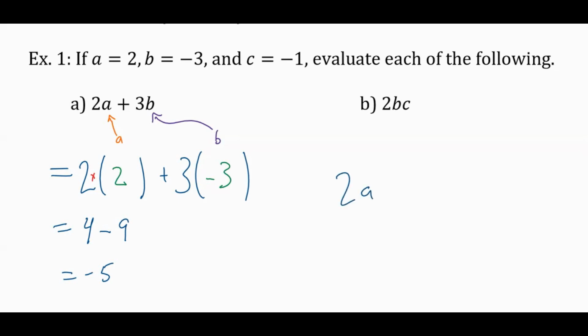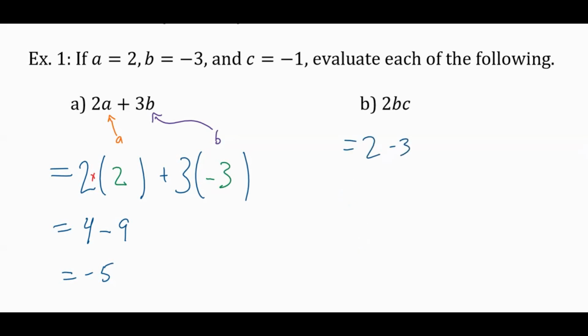Now, they may have done that on purpose and just totally misunderstood, or they may have, at the time, remembered that it was supposed to be 2 times 2 and then forget and then treat it as a 22, but I've seen people do that. So be very careful. You got to have brackets around the second part, or if you didn't do it in this case, people might go 2, negative 3, negative 1, and think it's 2 minus 3 minus 1.